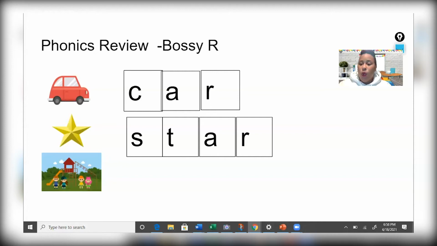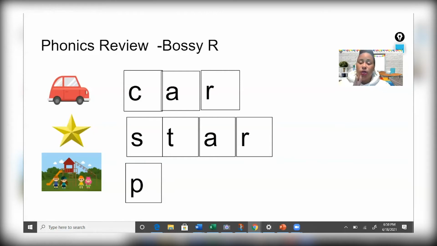And lastly, what about park? Listen to the sounds in park: p, ark. I hear three sounds. Which letter is making the first sound? You guessed it. P is making a p sound. What about R?